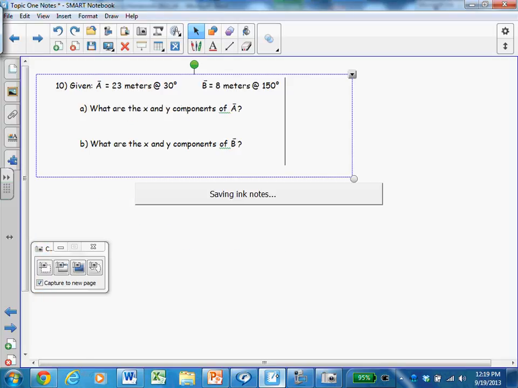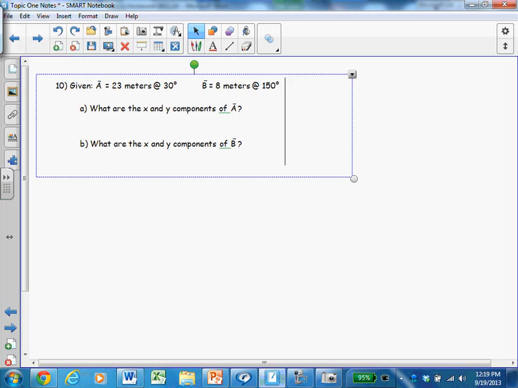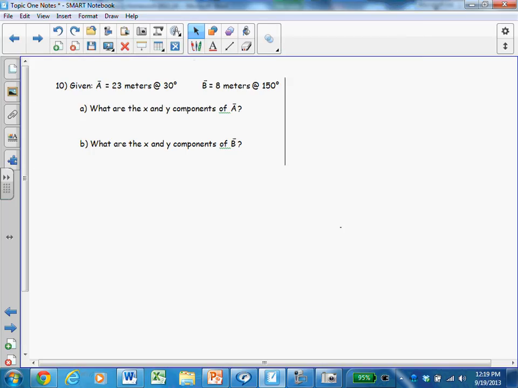Okay, so it says A is 23 meters at 30 degrees. I'm just going to draw it in, not with a scale, but just at 30 degrees approximately. So I'm going to do it mathematically, not graphically, okay? And the x component would look like this, AX.